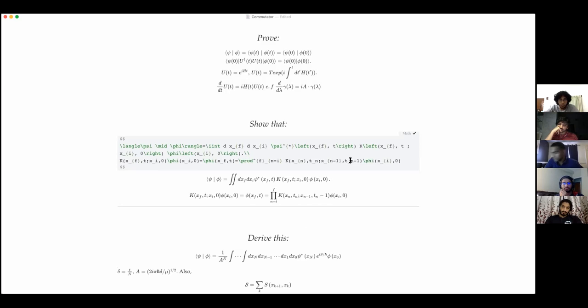Sorry, this i minus 1 has to go in the subscript, in the denominator.